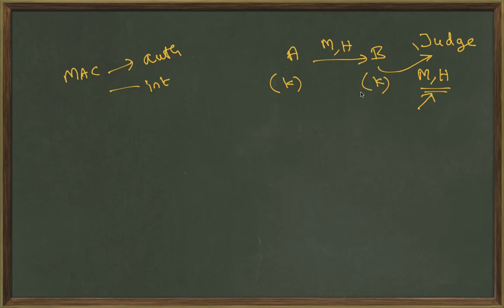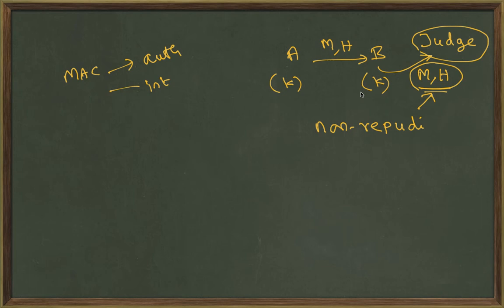Because both the parties know the key, if you go to the court, you cannot prove using M and H that the message is really coming from Alice. So this property is what we call non-repudiation. Non-repudiation means after sending the message, you cannot deny that you sent the message.